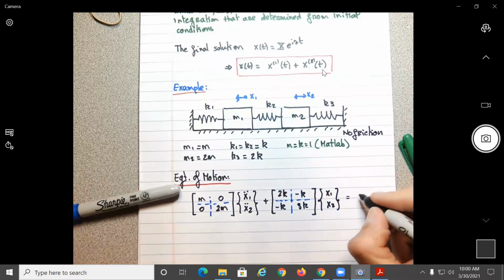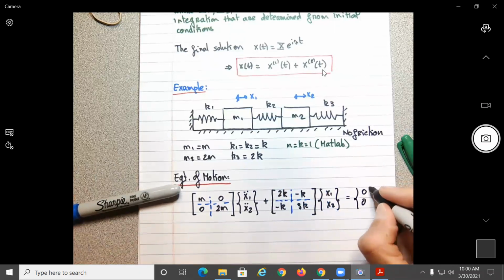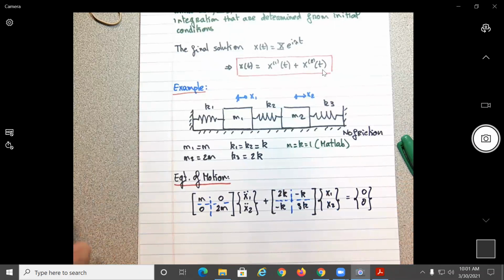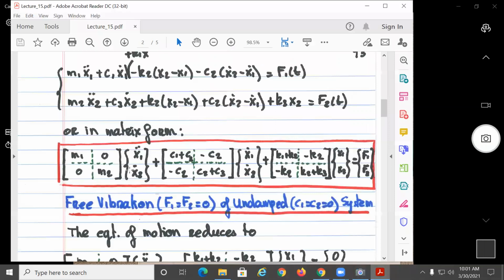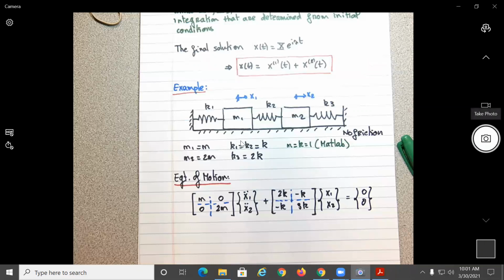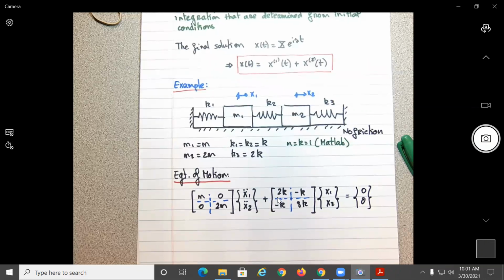And this is equal to 0, 0. Okay? So again, if you think about it, this corresponds to M1, M2, no? We know M2 is 2M1, and here it will be K1 plus K2, K2 plus K3, minus K2, minus K2. So K1 plus K2 will be 2K. K2 plus K3 will be 3K, and minus K2 will be minus K, minus K, no? Okay, so basically substitution.